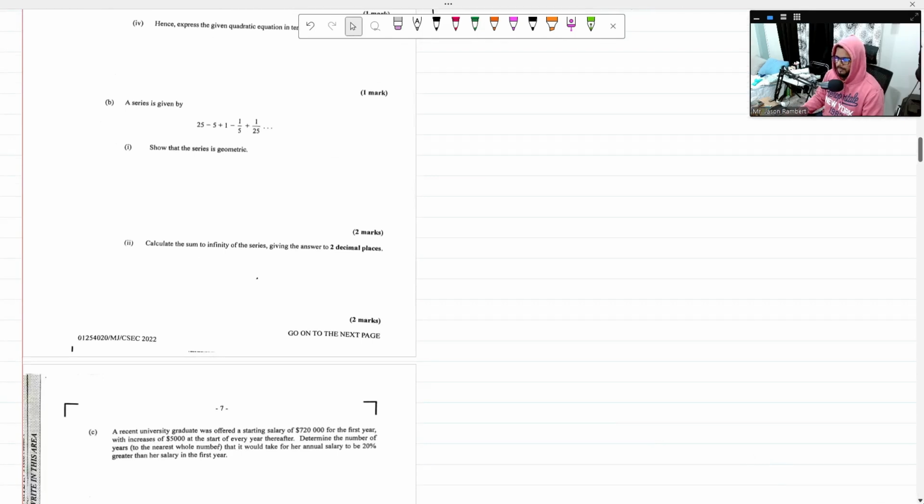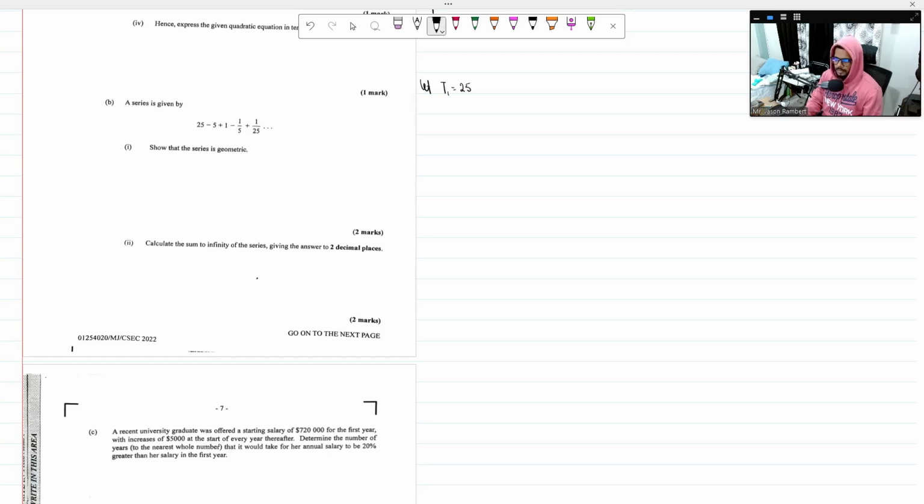All right, part B. Show that the series is geometric. If the series is geometric, then I could calculate the common ratio in both cases and get the same thing. So if I let T1 be equal to 25.